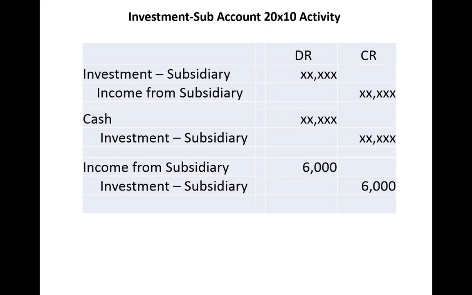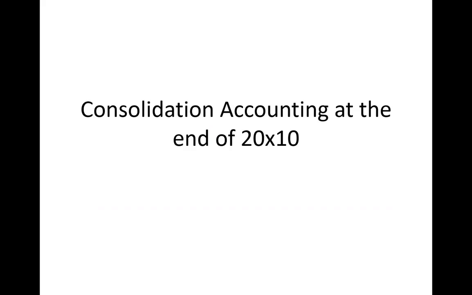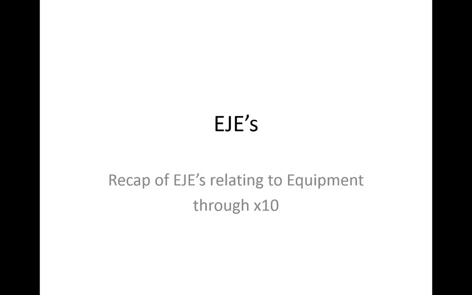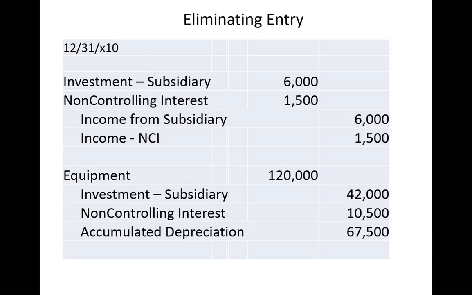And just a point here, we'll always make the income entry, the dividend entry, and we'll continue to make the entry for the excess depreciation for $6,000 until the asset is sold at some point in the future. For consolidation purposes, we'll make the following entries as well.